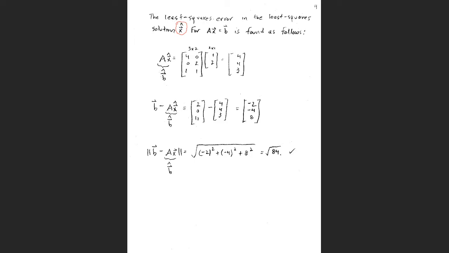I'll let you look at theorem 15 on your own. They give a little proof of it. The x hat would be R inverse times the transpose of Q times the vector B. That's theorem 15 in section 6.5. And they prove that. It's not hard to prove. But generally, you want to use the normal equations like we did here to find your least squares solution.